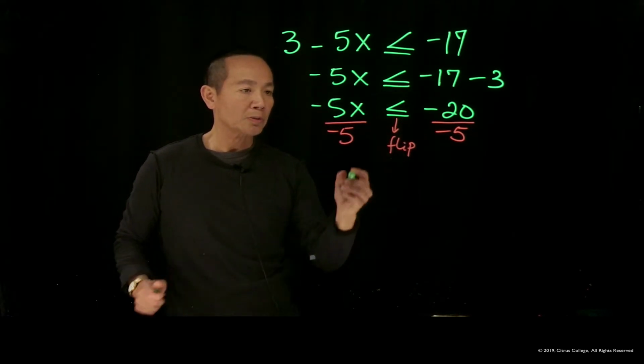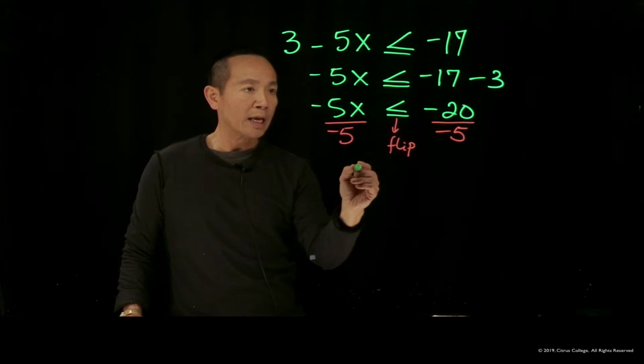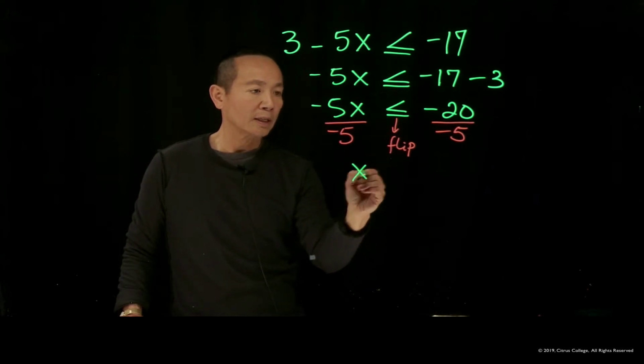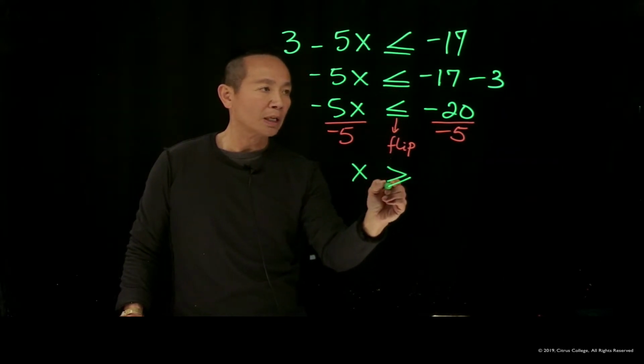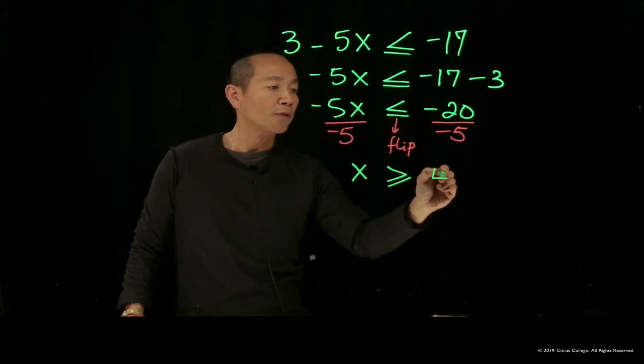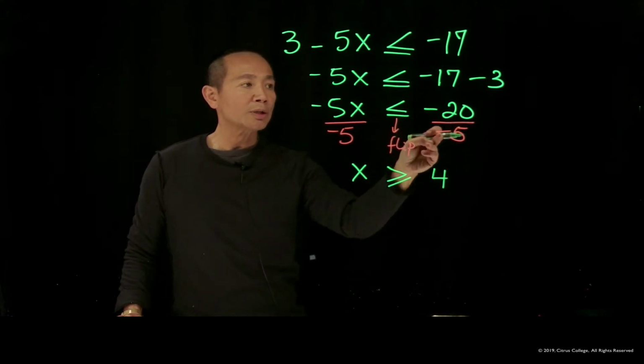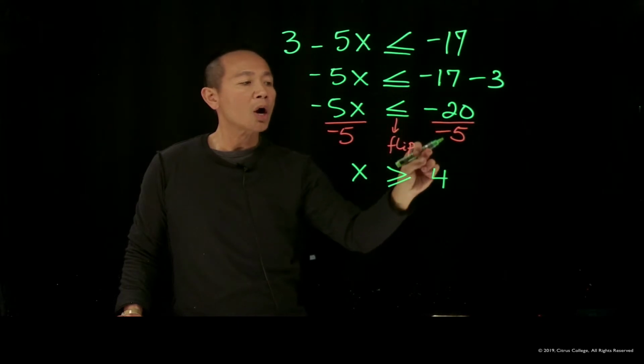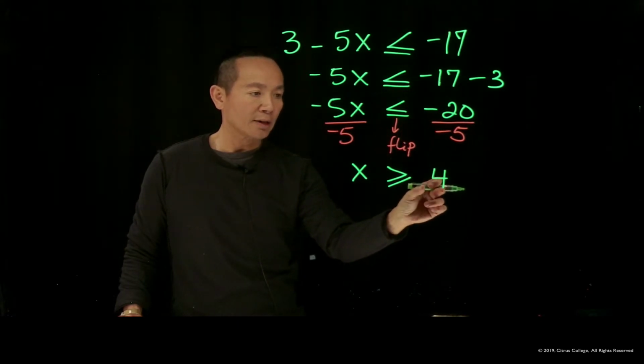And the final solution you get would be x is greater than or equal to 4. When you divide two negative numbers, you have a positive answer.